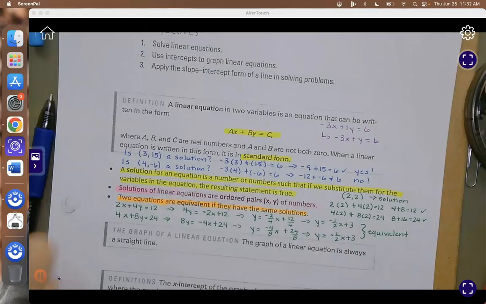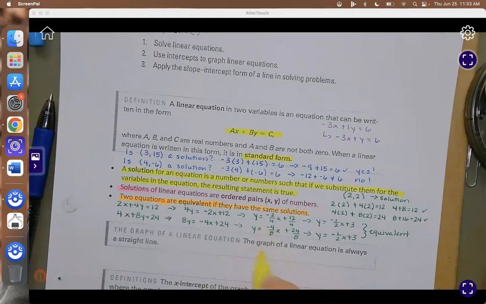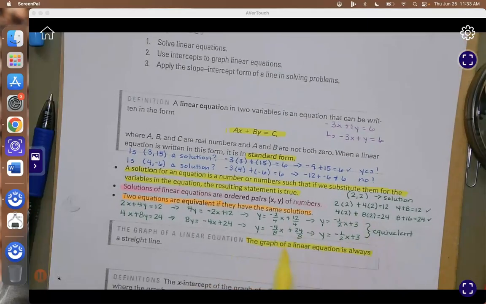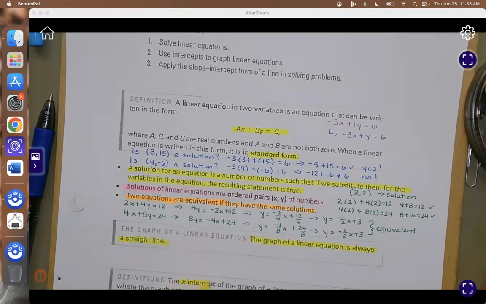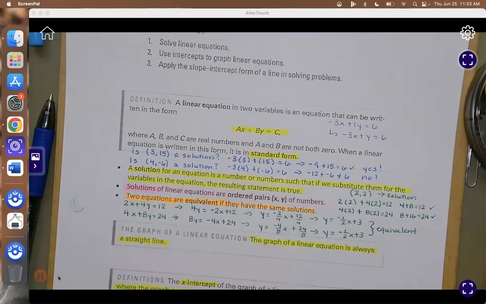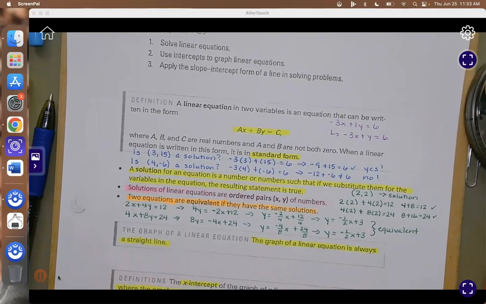Now, next, the graph of a linear equation is always a straight line. Because if you look at the word linear, the word line is in it. Next, the x-intercept of the graph is where the graph crosses the x-axis, and the y-intercept is where the graph crosses the y-axis.